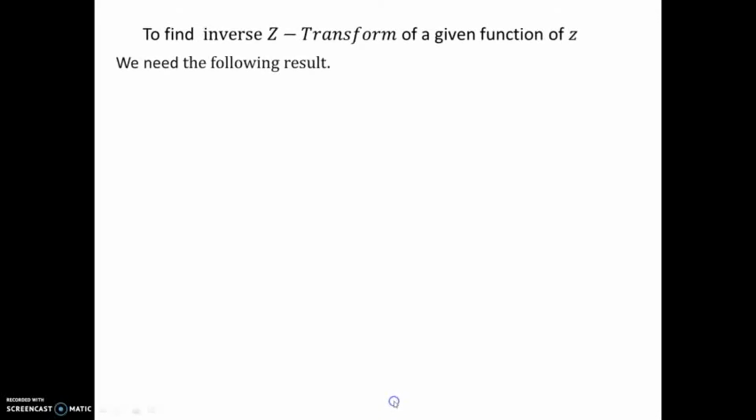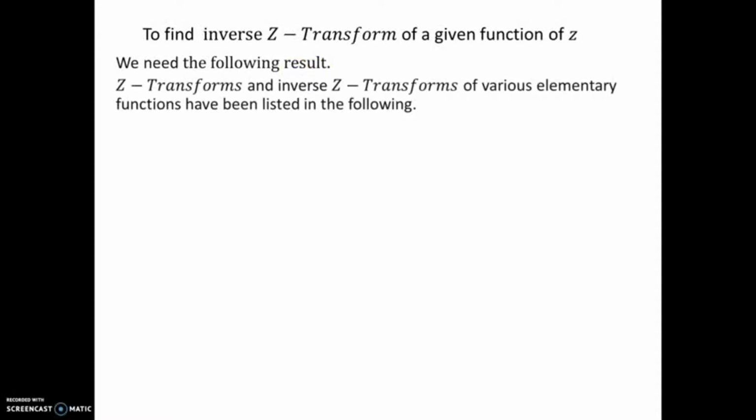To find the inverse Z transform of a given function of z, we need the following results. In previous videos, we have studied the Z transform of elementary functions. Here, we find the inverse Z transform of elementary functions. Already we know that inverse Z transform is the reverse process of Z transform.